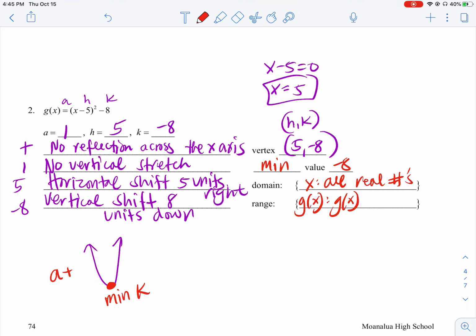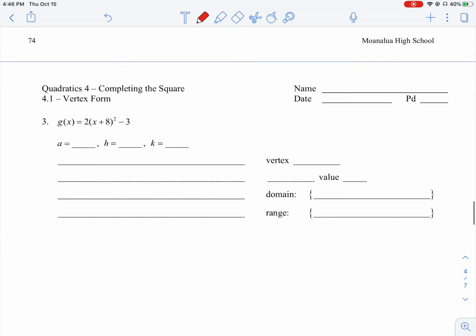So if the lowest point of the graph is negative 8, then all the y values are going to be above or equal to negative 8. Okay? All right, do we need more examples?